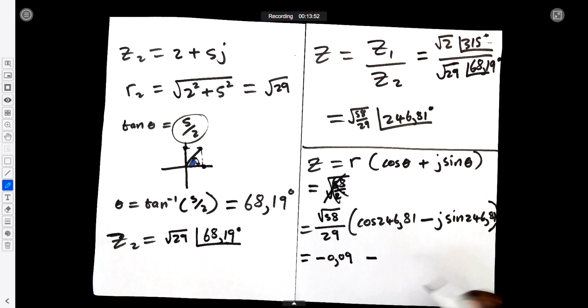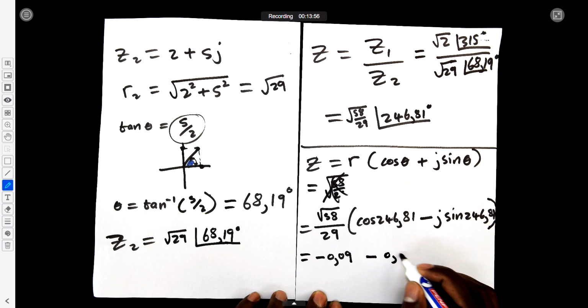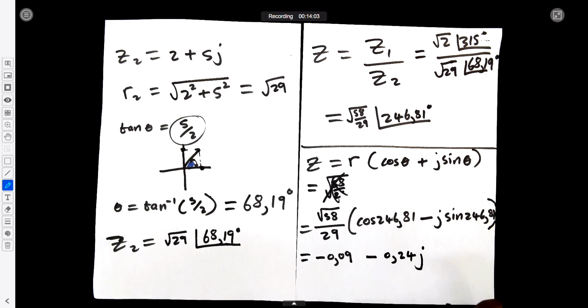So the answer is equal to negative 0.09 minus 0.24j. I hope we have the same answer.